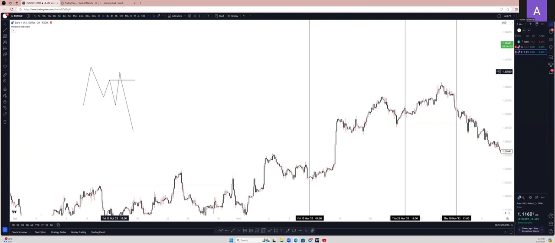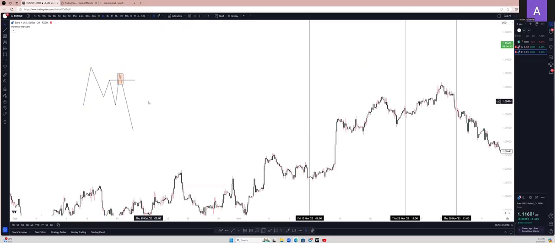So when the market seeks liquidity above this high, I want you to pay attention. There is a lot of information from this particular swing to this high, but the most important one that you pay attention to right now is from this particular place to this high. You need the information in this area.